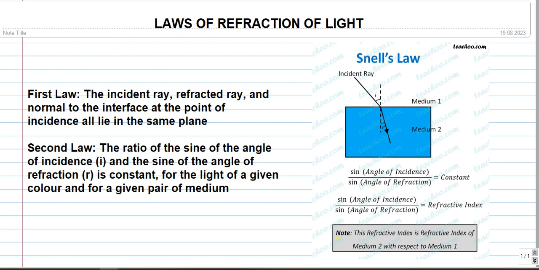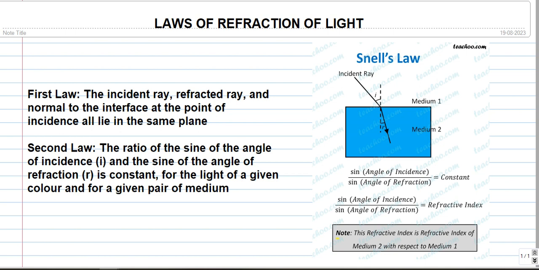Now when we go to the second law, this we have to understand very clearly. What does this state? The ratio of the sine of angle of incidence i and the sine of angle of refraction is a constant for light of a given color and for a given pair of media.